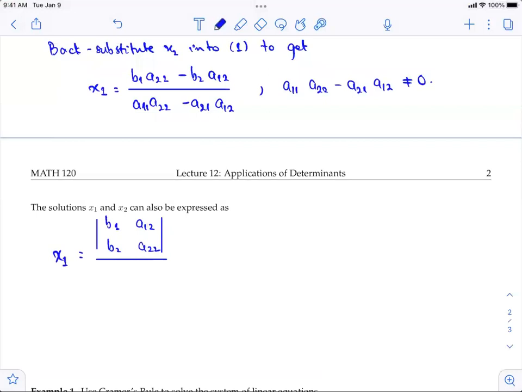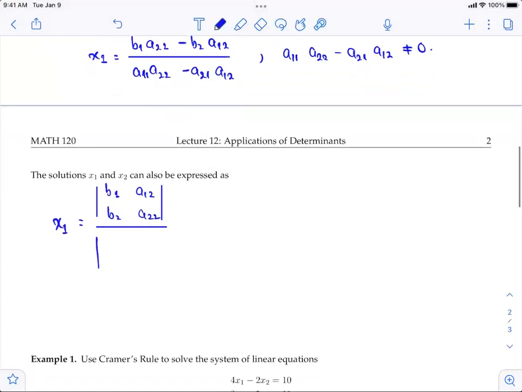Now the denominator is the determinant of the form A11, A12, A21, and A22. So basically, this is the determinant of the coefficient matrix that you obtain from the system.